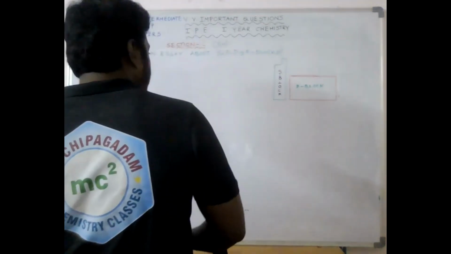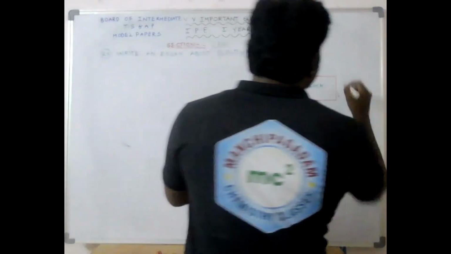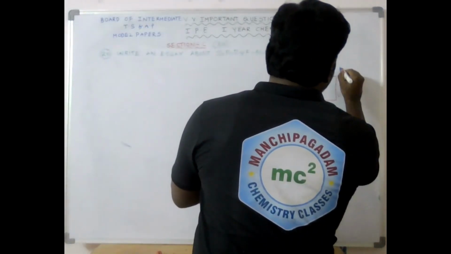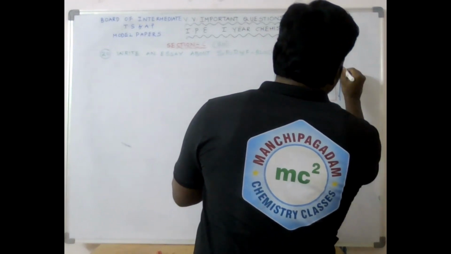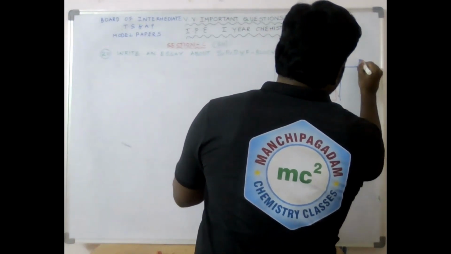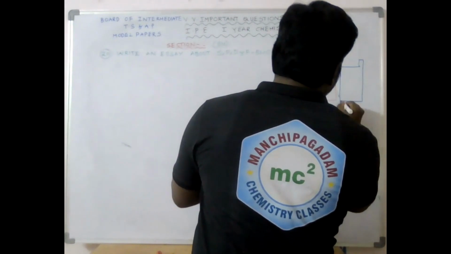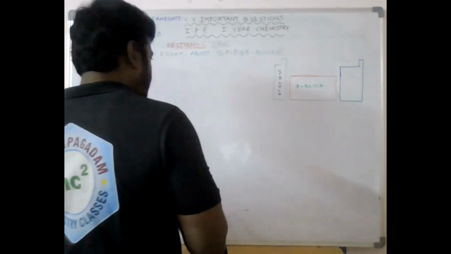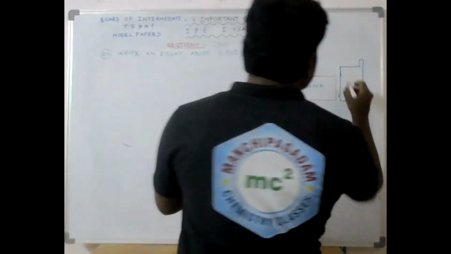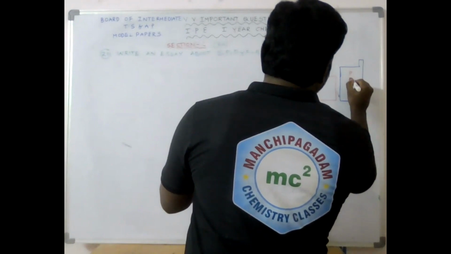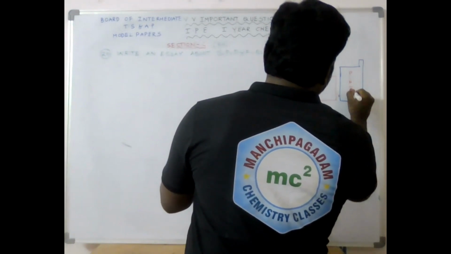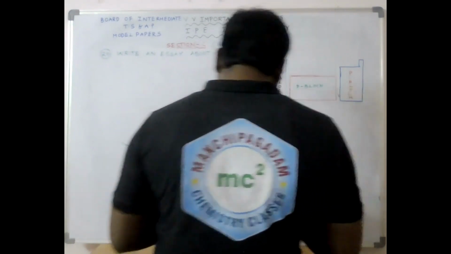Okay. Now P block. P block will be like this. This is P block. And finally, one more block is what?